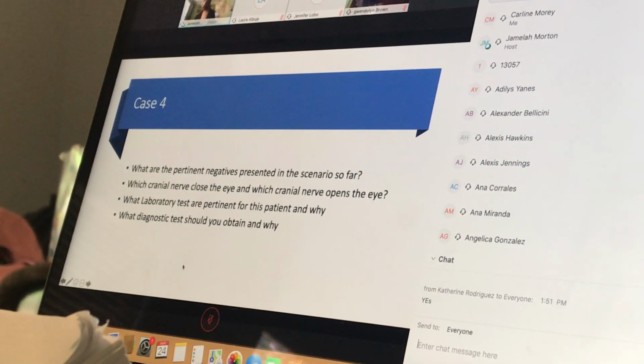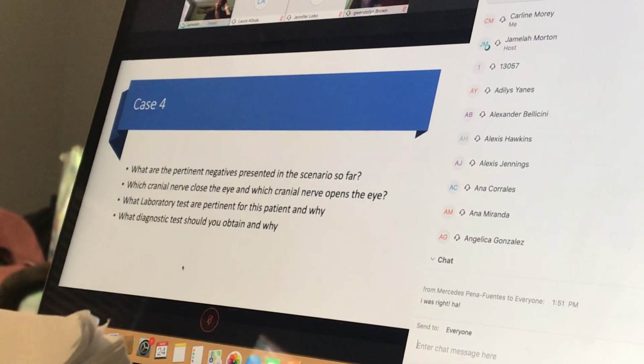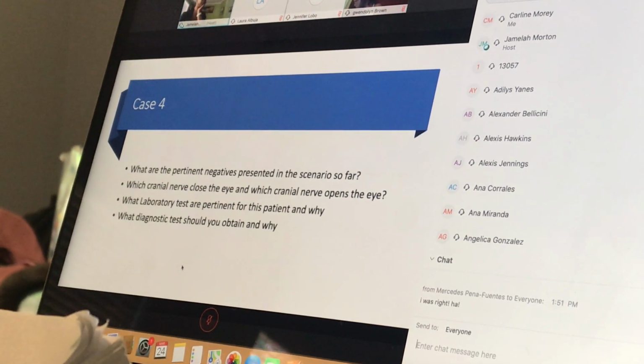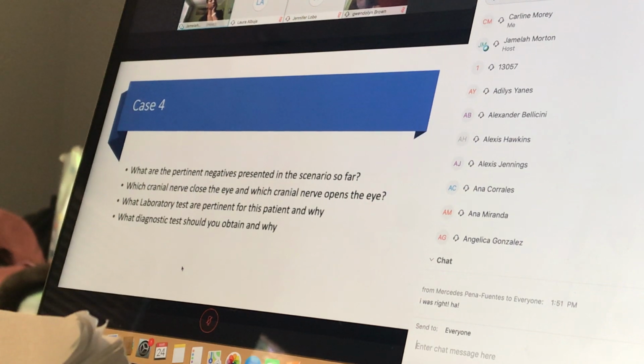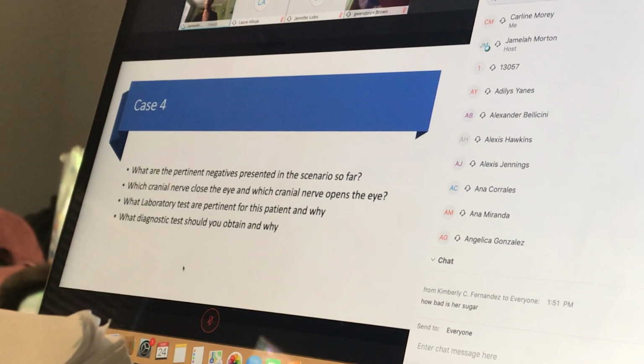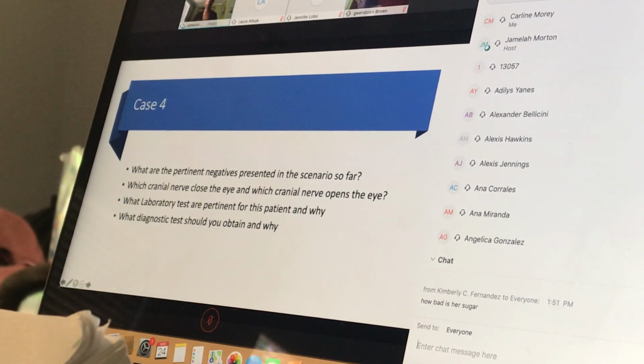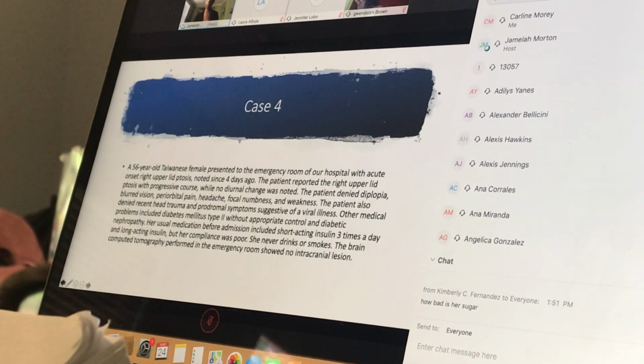What else can we do for this patient? What other diagnostic tests? Believe it or not, a hemoglobin A1C is one of the most important things that you can do. It is very important for you to pick up on the fact that they're saying that she has diabetic nephropathy, one.